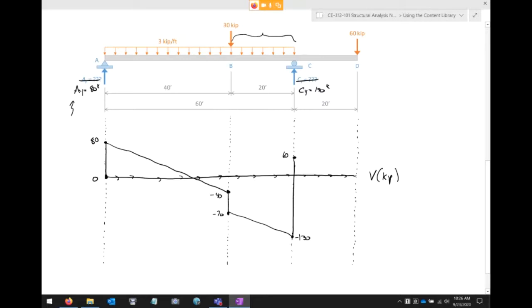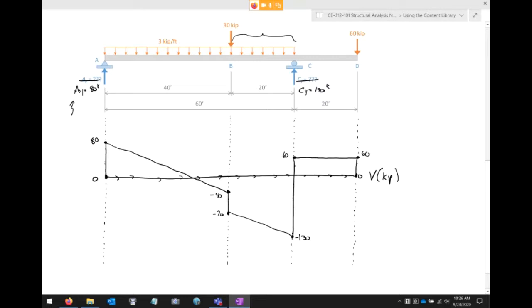Now, what does the shear diagram look like from C to D? Somebody tell me in the chat or with your microphone, whatever. From C to D, what does the shear diagram look like? Zero slope, exactly right. So a flat horizontal line. Then I'm at 60, and then I drop down 60, puts me back at 0.